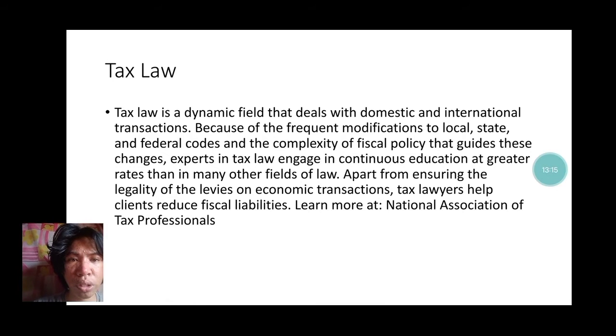Apart from ensuring the legality of the levies on economic transactions, tax lawyers help clients reduce fiscal liabilities. So we are already familiar with tax law, since we need to pay tax on every product.